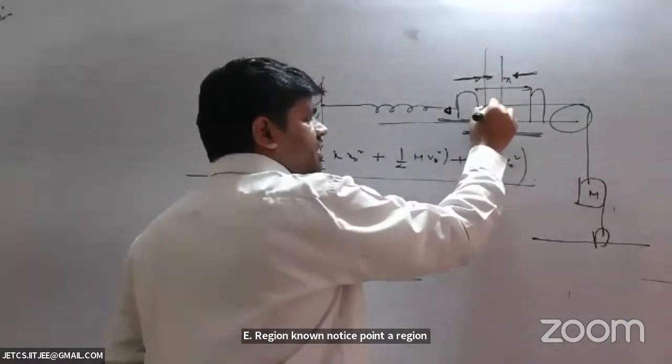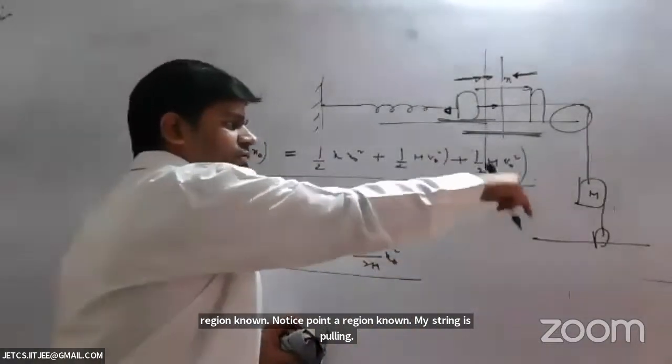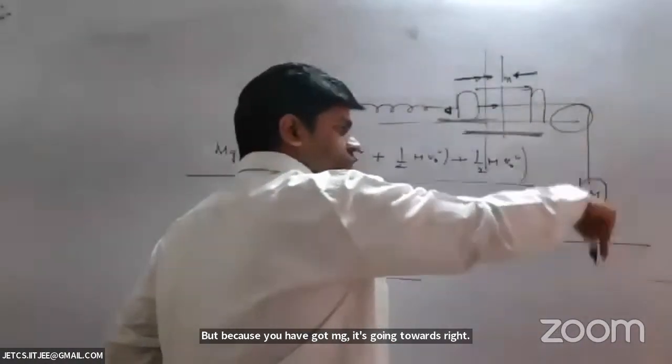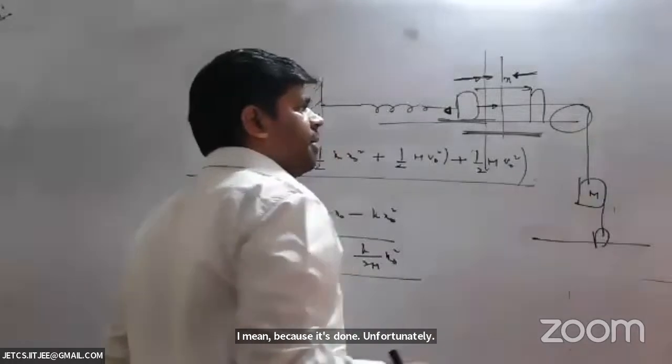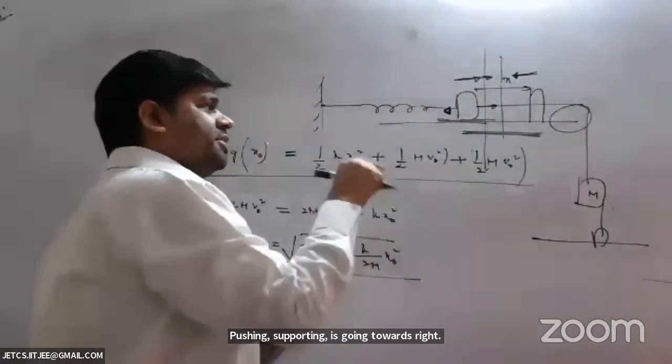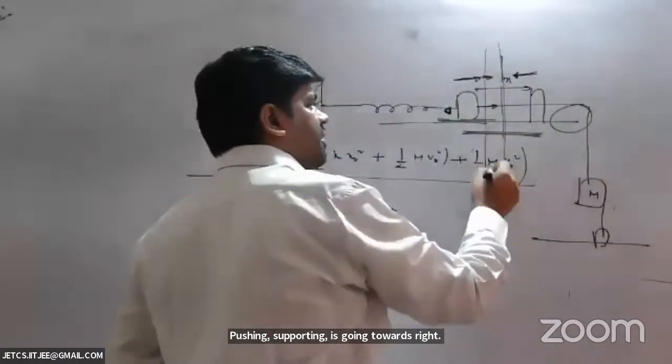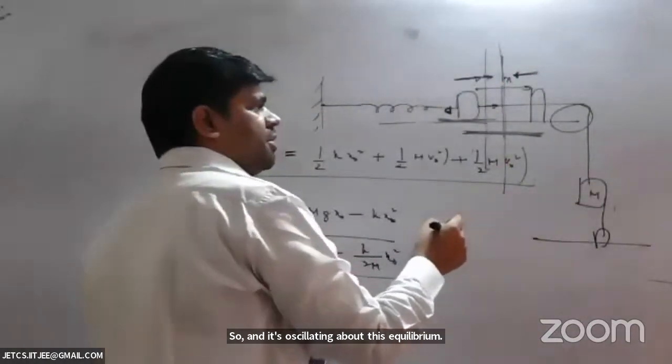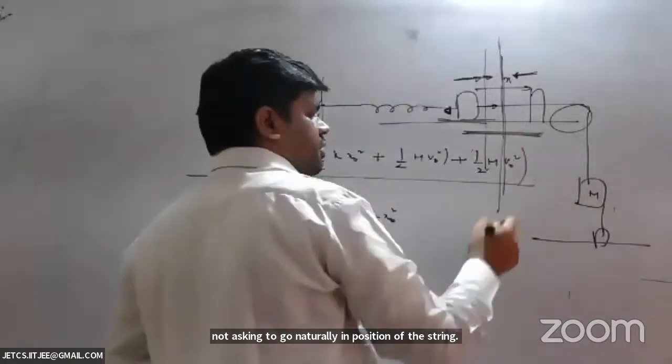But because you have got mg, it's going towards right. Because this downward force is pushing and supporting, it goes towards right. So it is oscillating about this equilibrium position. It's not oscillating about natural length position of the spring. It is oscillating about this position.